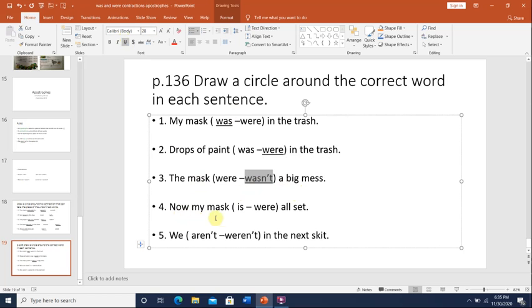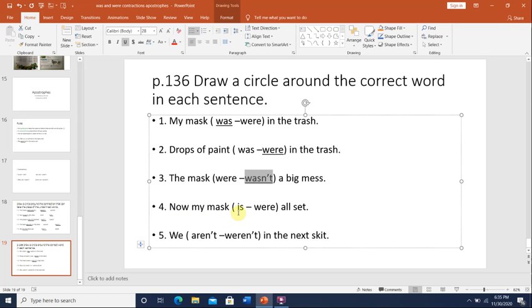Now, my mask is or were all set. Okay, so here we have one word from the present and one word from the past. Let's just go and try to find out. Here we said now. Now means something is in the present. And my mask, so there's only one.